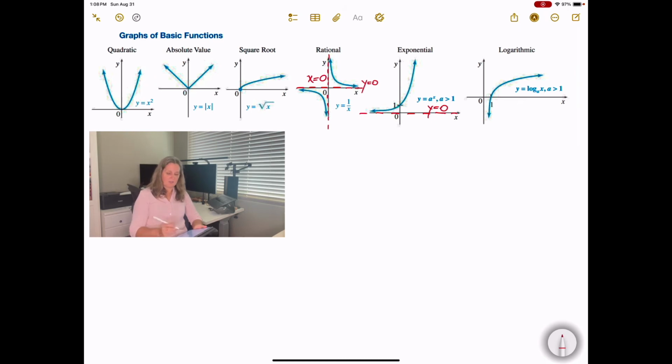For the logarithmic function, when the input values x get closer and closer to 0, while still being positive numbers, the output values y decrease, going to negative infinity, which means that the vertical line x equals 0 is a vertical asymptote of the logarithmic function y equals the logarithm of x with the base a.